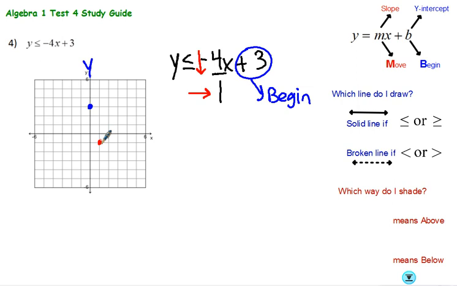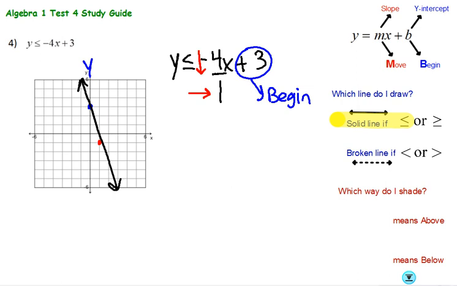And then we've got to decide whether it's going to be a solid or broken line. Again, I'm just looking for a solid line underneath. I see a solid line, so I know that's going to be a solid line that I'm going to draw. So let's draw a solid line. Looks something like that. And then we just have to figure out which way we're going to shade on this one.